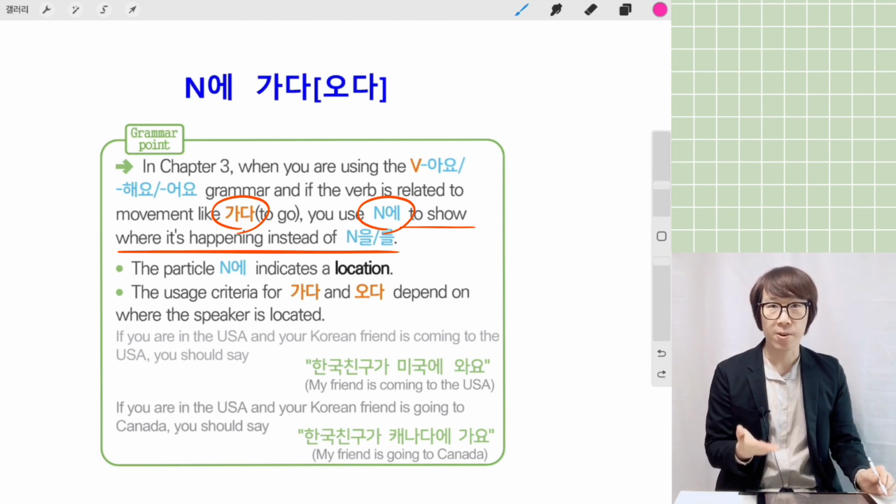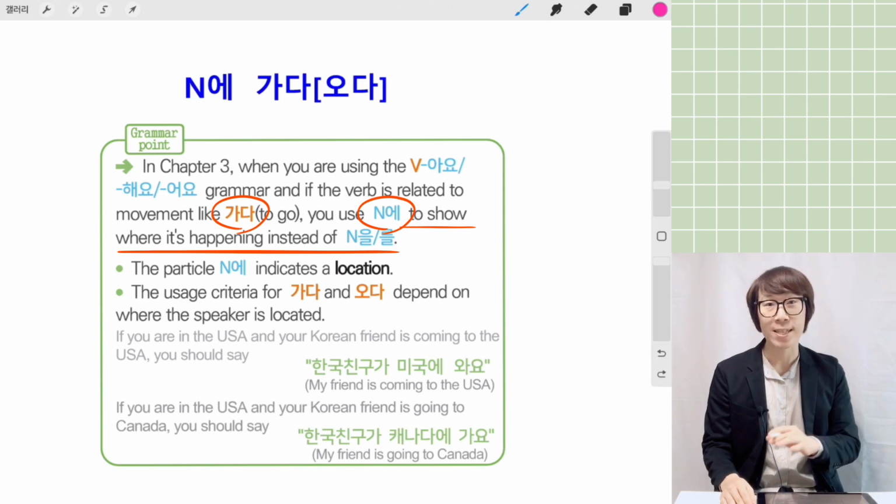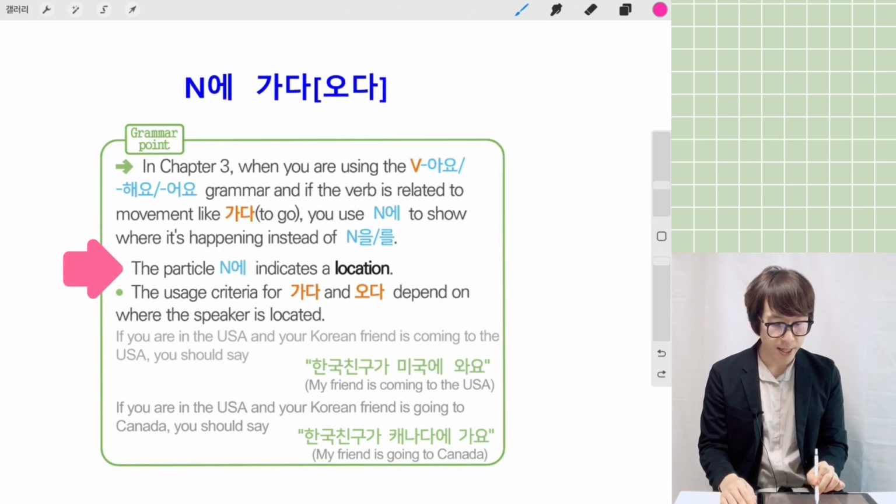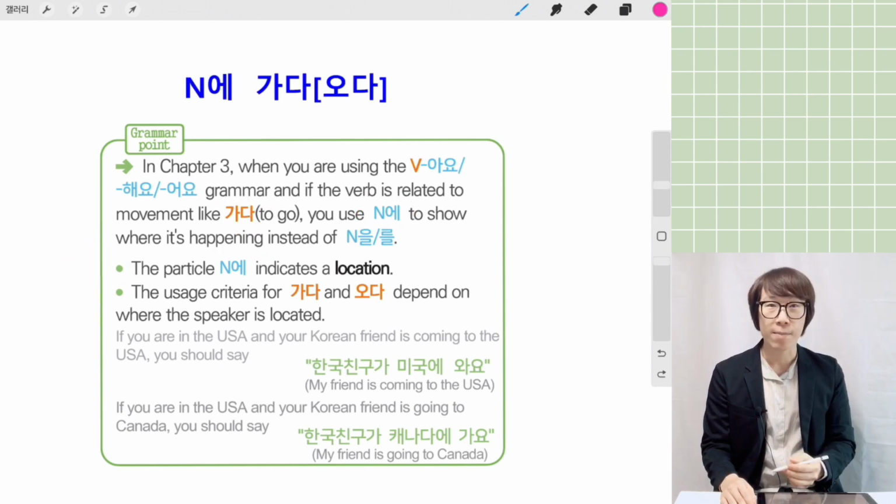Last time I taught you that the verb 아요, 해요, 오요 basically uses noun 을/를, the object marker particle. 가다, 오다 is a verb, but it's not used with noun 을/를. 가다, 오다 is a movement verb, like a moving verb. So when you use the moving verb, the particle noun 에 indicates the location. You have to use noun 에 together.